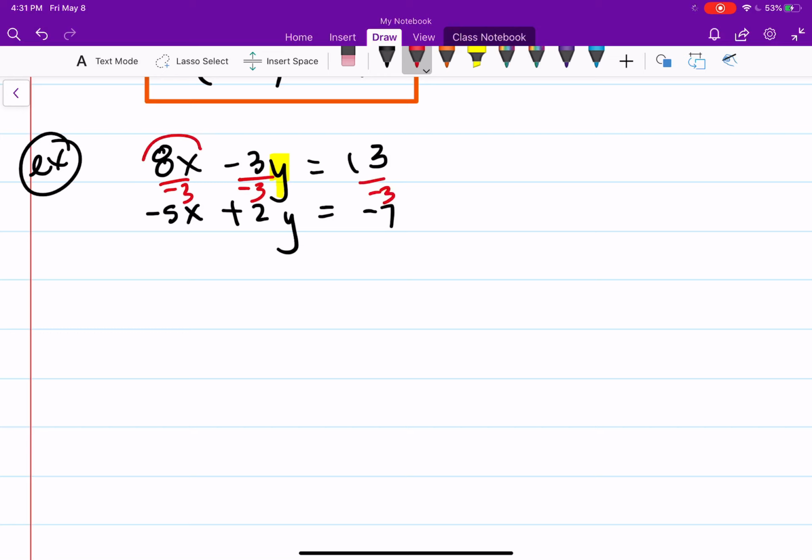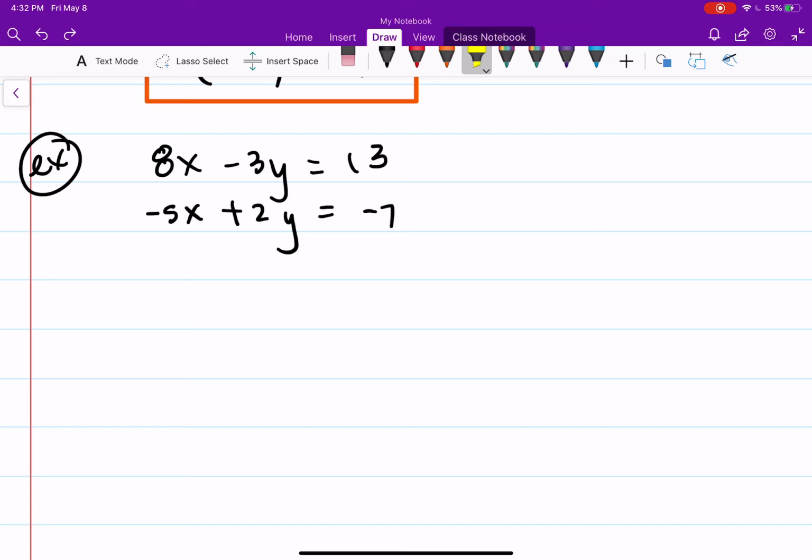Well, now I've got fractions. Yikes. Doesn't sound like something you guys want anyways. It's just not going to work out very nicely. So in this case, I would use elimination.